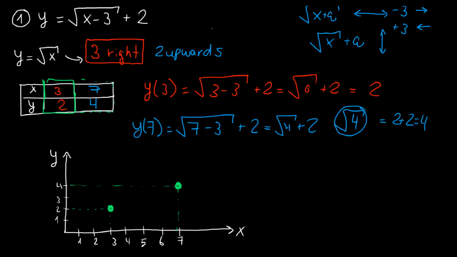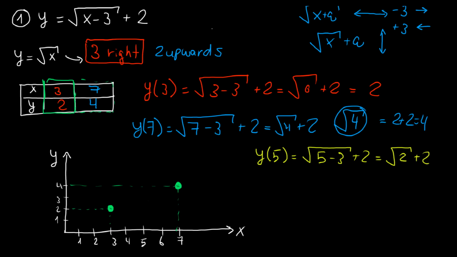Let's plug in the number 5. We get the square root of 5 minus 3, plus 2. Again, this will not be a nice number because of the square root of 2.